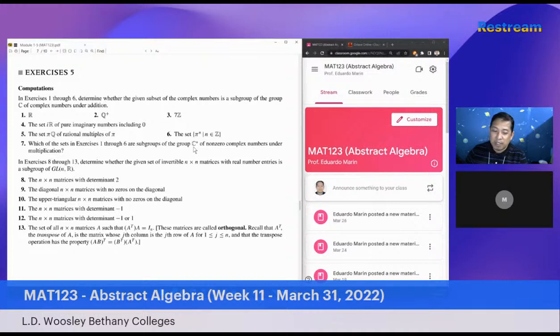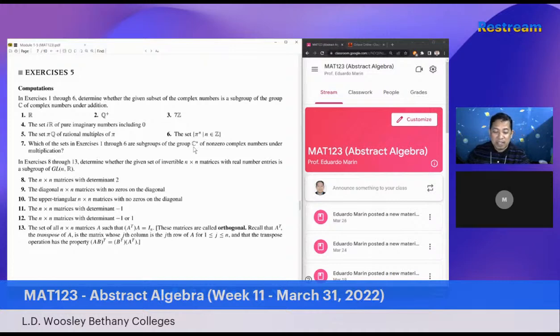Pero sa rational, pwede ba magkaroon ng complex na rational? Micaela? Pwede ba maging subset yun ng complex, yung rational? Pwede po. Ang tanong, nandun ba yung identity for multiplication? One po. Okay, yung 1.